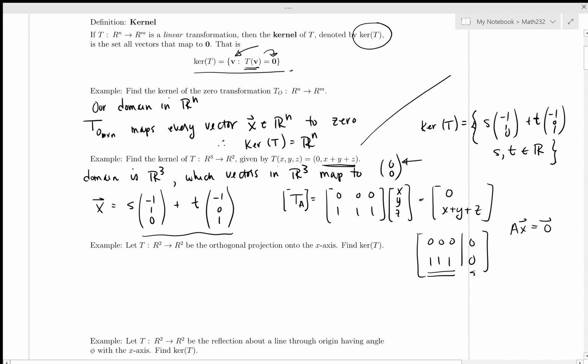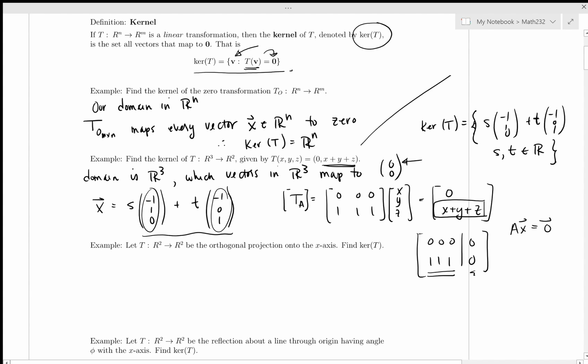Those are all the vectors. All those vectors will be mapped to 0 because they have this condition that x plus y plus z is equal to 0. All possible combinations of that. You can see that because the sum of those numbers is 0 in both cases.